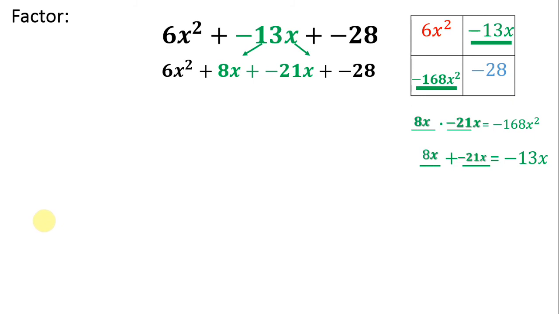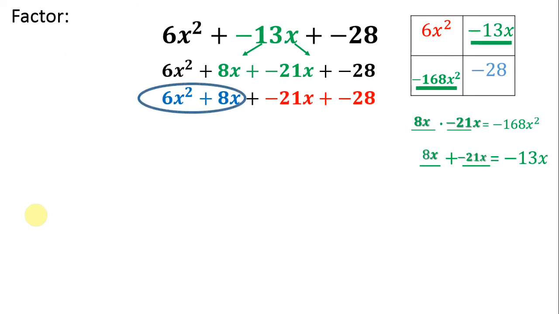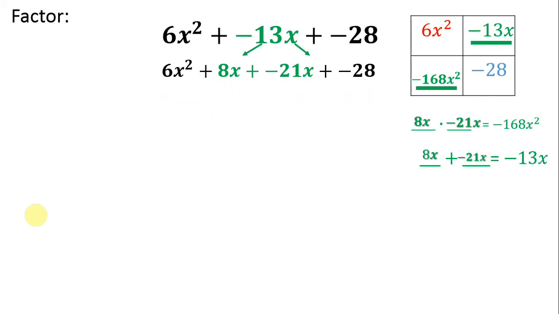Why? 8x and negative 21x are terms that we're able to multiply to negative 168, and we're able to add to negative 13. Thus, those are the terms that we split our middle term into.